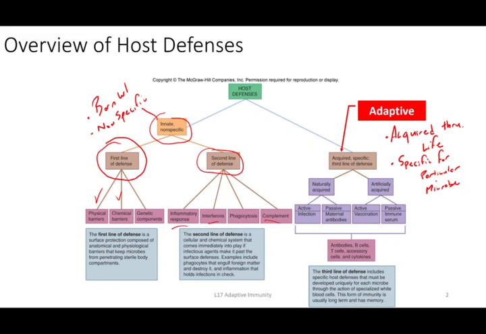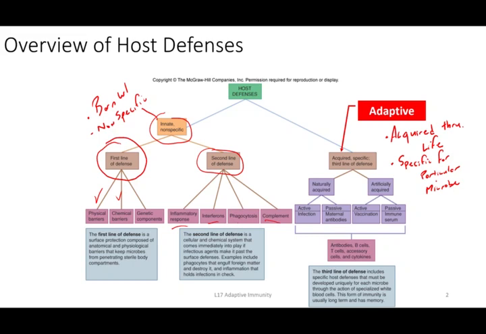So what we mean by that is when you are exposed to a particular microorganism, so let's just say strep throat, so Streptococcus pyogenes, we learned about that in the gram-positive pathogen lecture. So when you are exposed to Streptococcus pyogenes, it is at that time, so during that infection, that your immune system is going to develop protection. So that's what we mean by acquired through exposure throughout one's life.